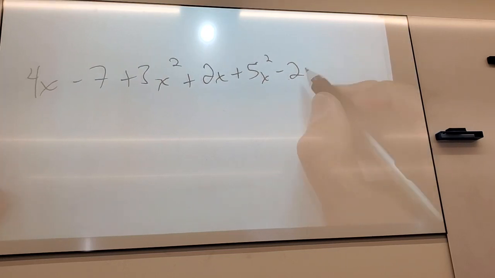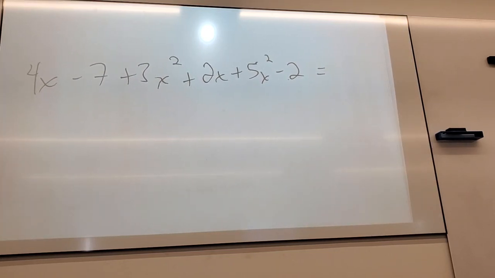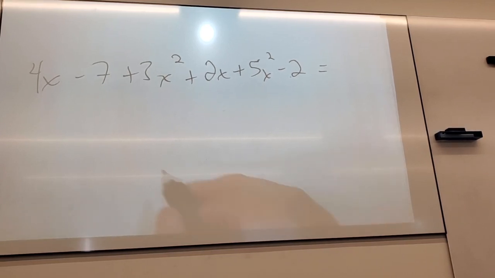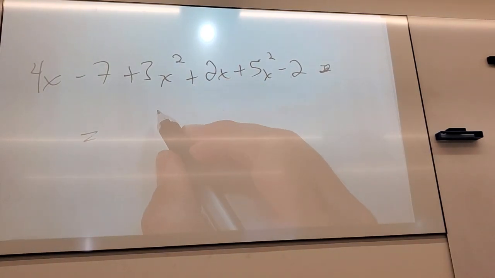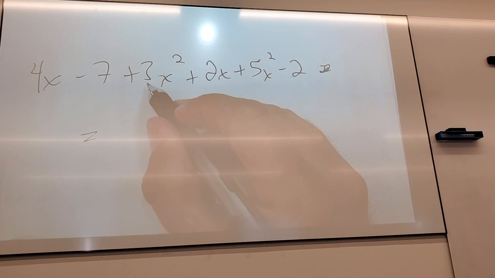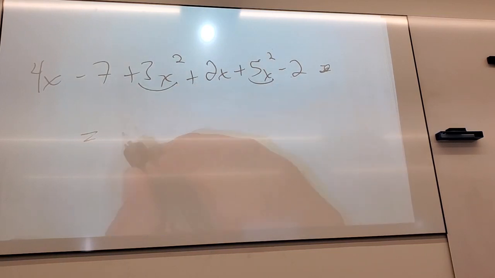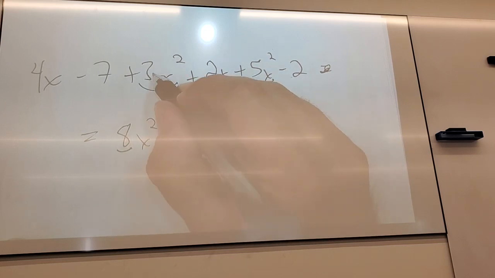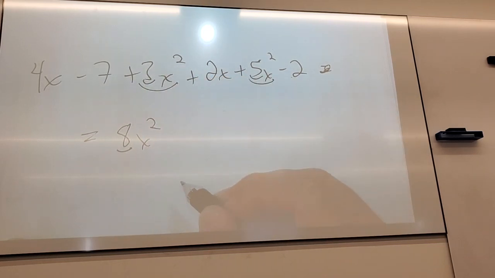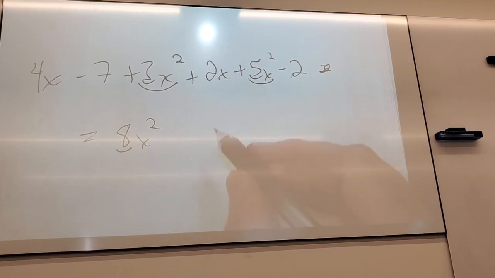All right. So if I'm going to figure out what this equals, what am I going to do? You could add all of them to the same degree. So tell me exactly, what am I going to put first? 8x squared. Yeah, I'm going to take the x squareds and add them together. So this 8 came from 3 plus 5, because those were the coefficients of the x squared piece.